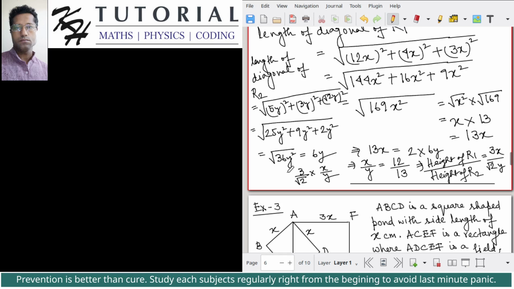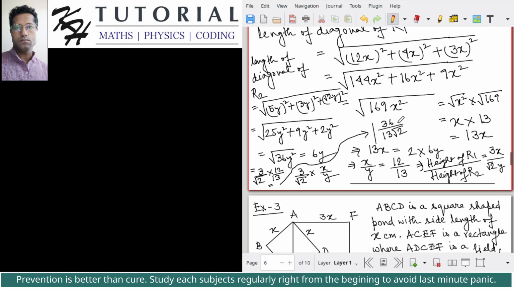And x by y we have found to be 12 by 13. So this is equal to 3 by square root of 2 multiplied by 12 by 13. I'm really sorry for my congested solution. 3 by square root of 2 multiplied by 12 by 13 is 36 by 13 into square root of 2.